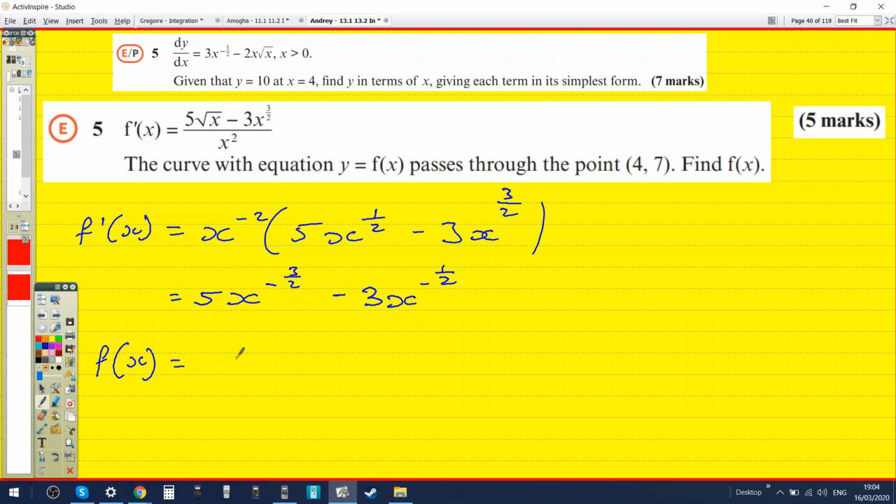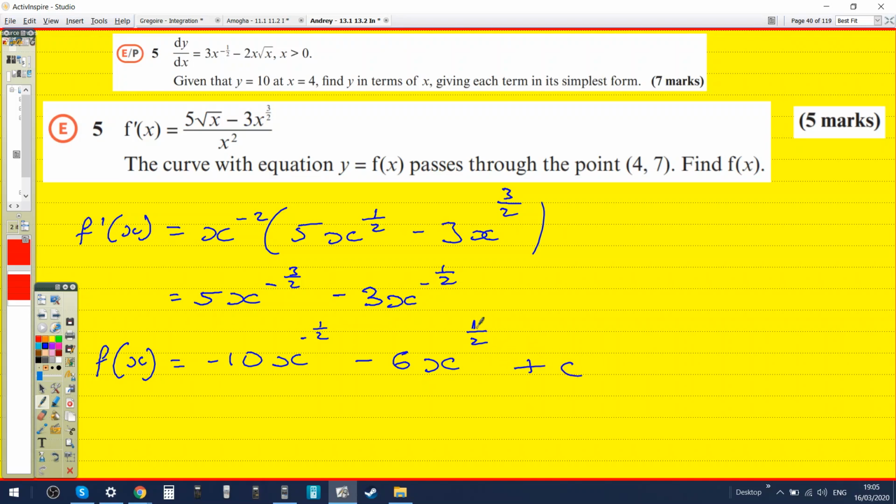so 5 divided by minus, so minus 10x to the minus half, minus 6x to the half, plus c.